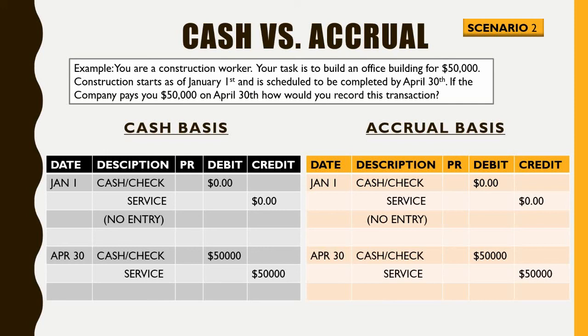However, in April, it's going to be the same as cash basis because you received the cash and the service was completed. Okay? So, any questions in between, in the difference between the cash and accrual basis? No. Okay. All right. So again, it's the difference of when we record versus how we record.